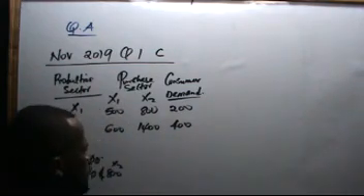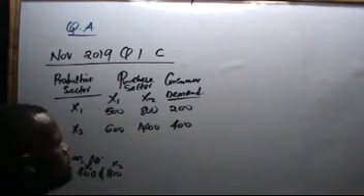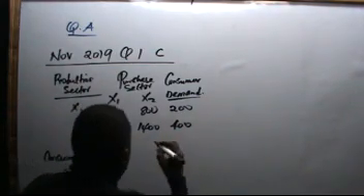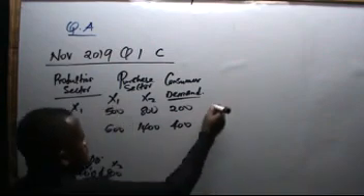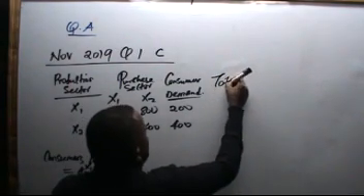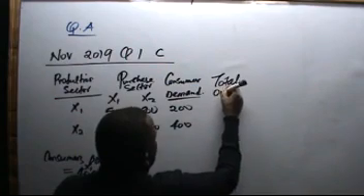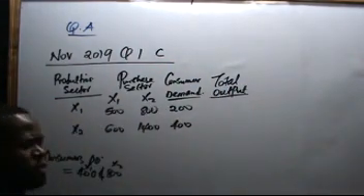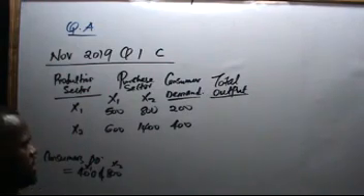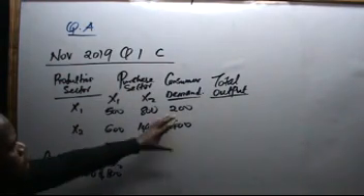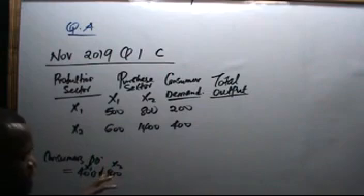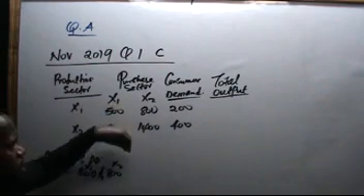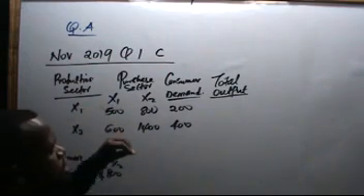But before you get the total output, with this information, you need to get the technical coefficient matrix. We get it after getting the total output. We say the total output is equal to the total input. That is one of the assumptions. This is what is going to be purchased by these sectors, what they are consuming. These are their inputs, so the input is equal to the output.